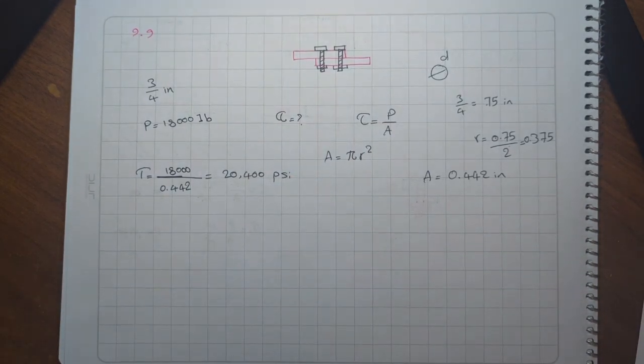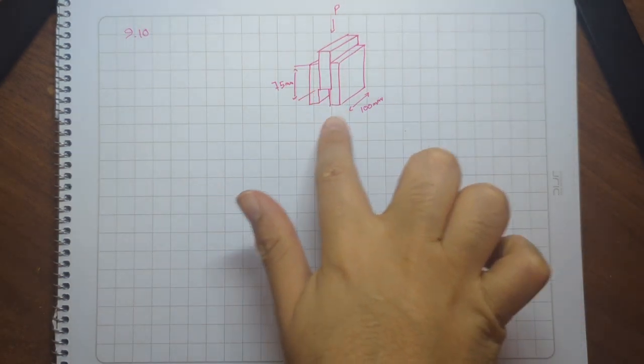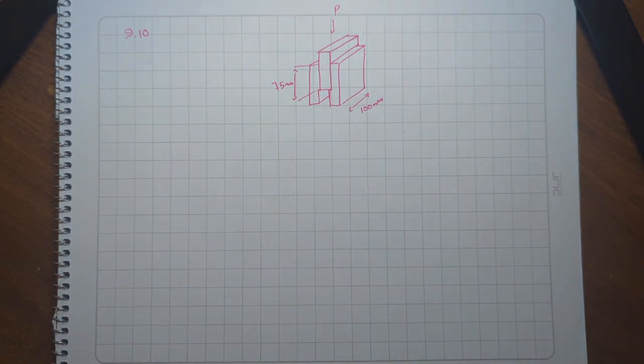All right, example 9.10. What does it say? Three pieces of wood are glued together to form the assembly shown in this figure. These are three pieces of wood. It can be used to test the shear strength of this glue joint.